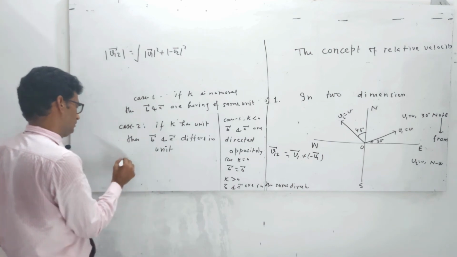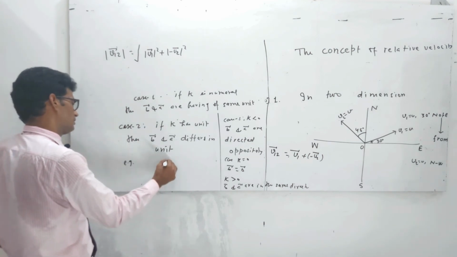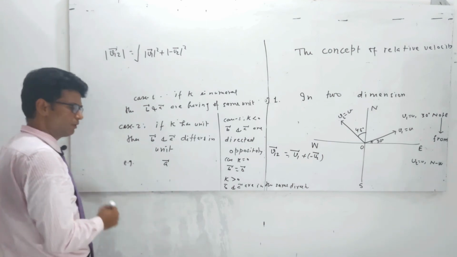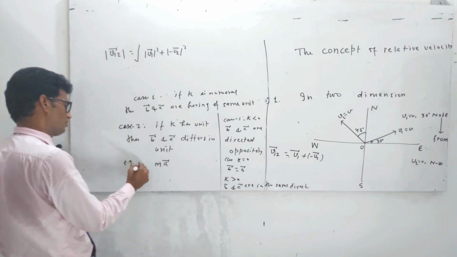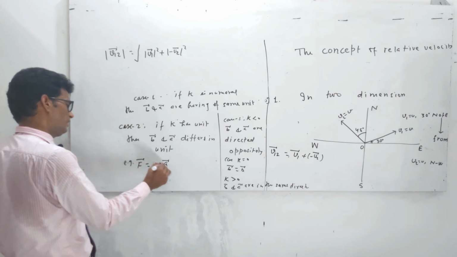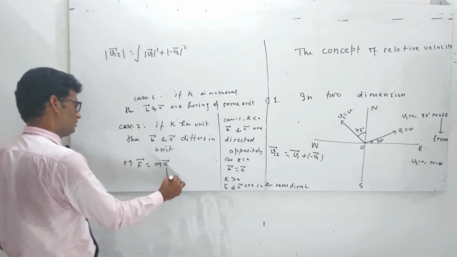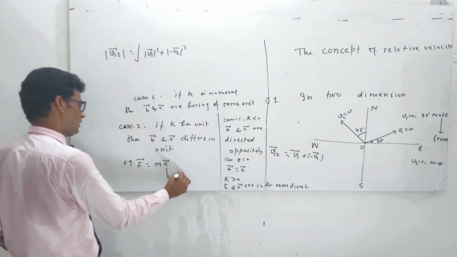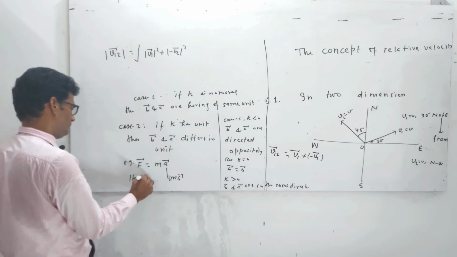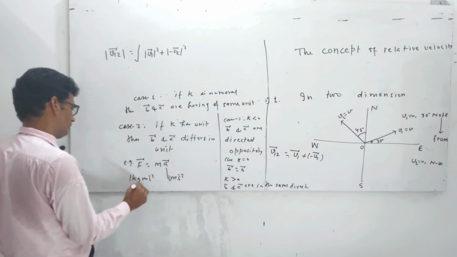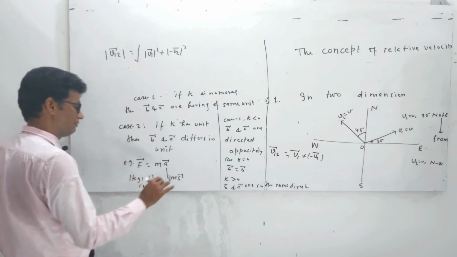For example, acceleration is a vector physical quantity; multiplied with a mass, by the second law of motion, it becomes force. Acceleration has unit 1 meter per second square, and the force has unit 1 kilogram meter per second square, which you may call 1 Newton. So these two have different units.